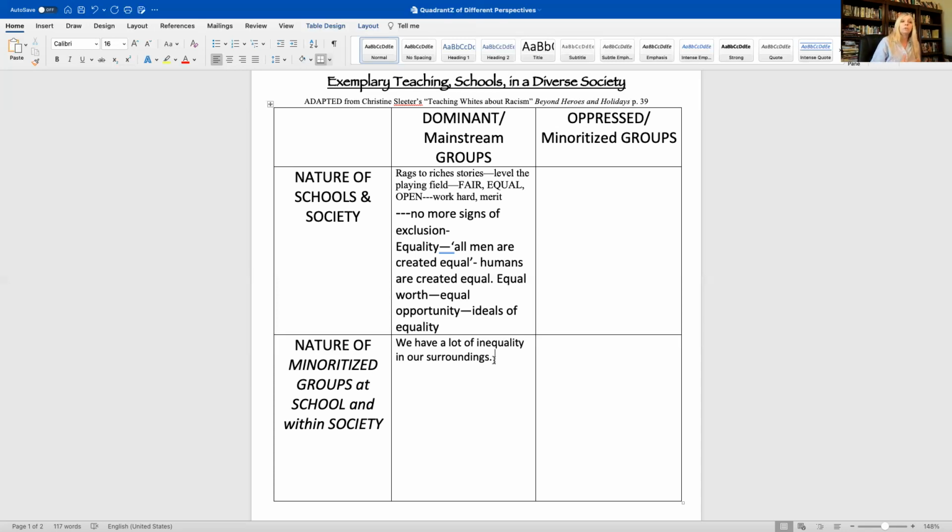And what's so problematic about that is that if you look at the ratio of the populations, Black people are a quite small percentage of the total population, but they are a very large population in prisons. So the ratios are very distorted. So clearly we have a lot of inequality.